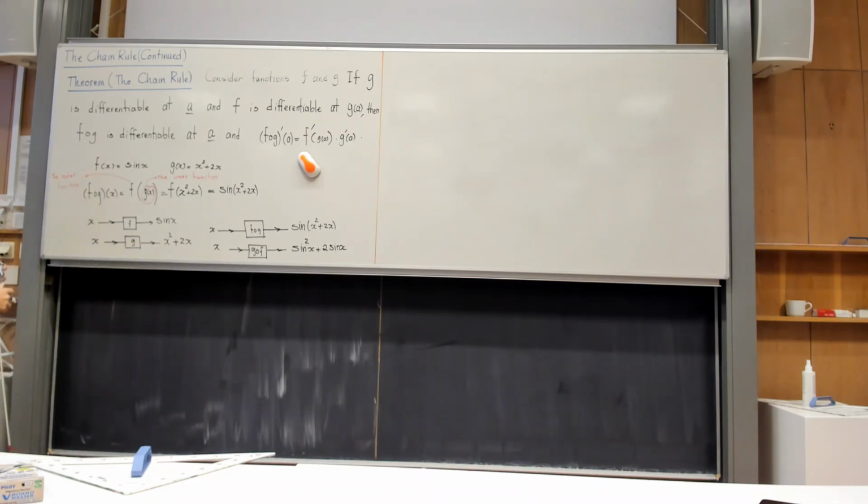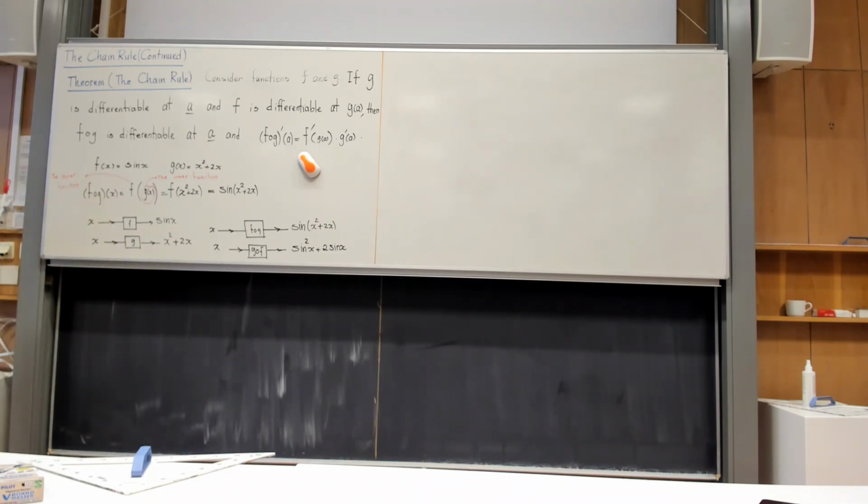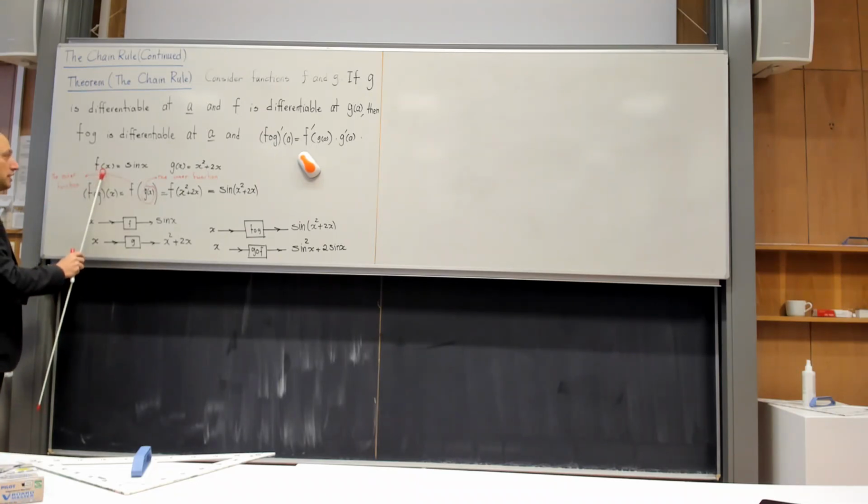Okay, so if I ask you what is the point of the chain rule, you would say that this is a theorem that enables us to calculate the derivative of the composition of two functions if I know the derivative of these two functions separately. For example, I think next time we will learn how to differentiate sine x.